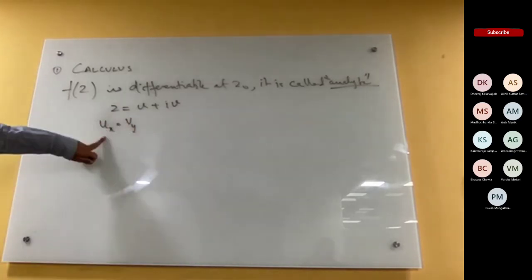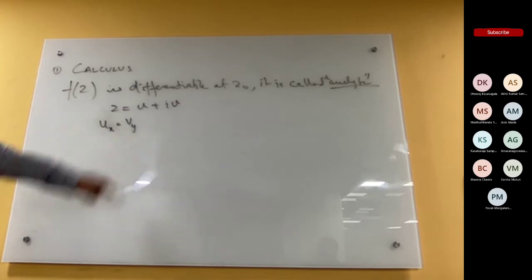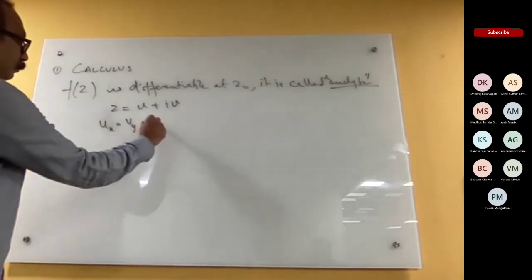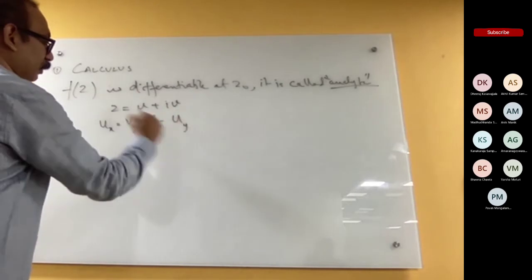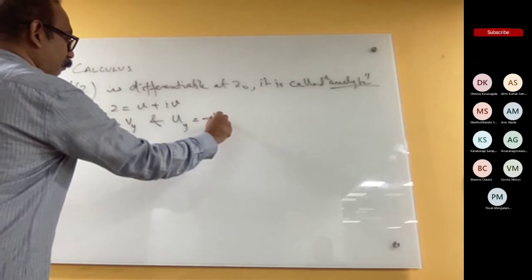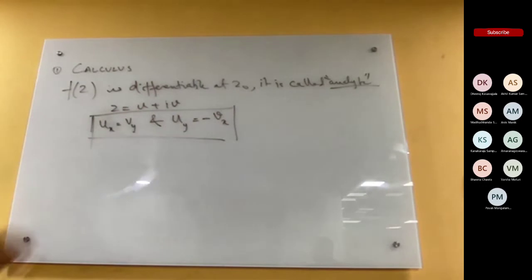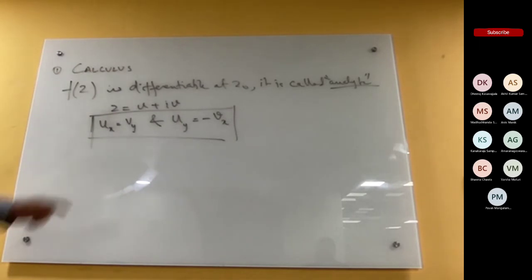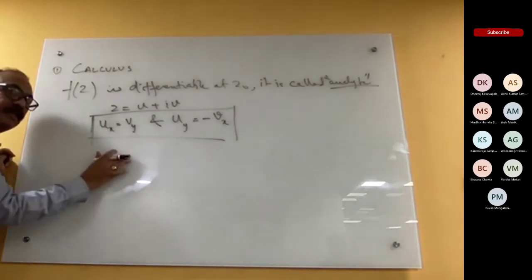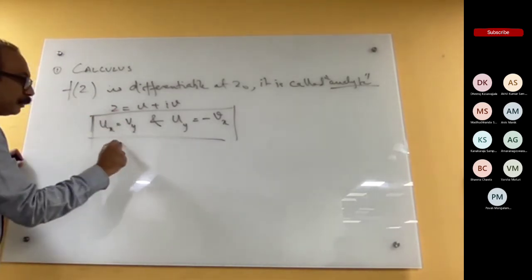The partial derivative of u with respect to x will be equal to the partial derivative of v with respect to y, and the partial derivative of u with respect to y will be minus the partial derivative of v with respect to x. This is what is called the Cauchy-Riemann conditions for differentiability. If a function satisfies this, the function is called analytic, the function is called differentiable.